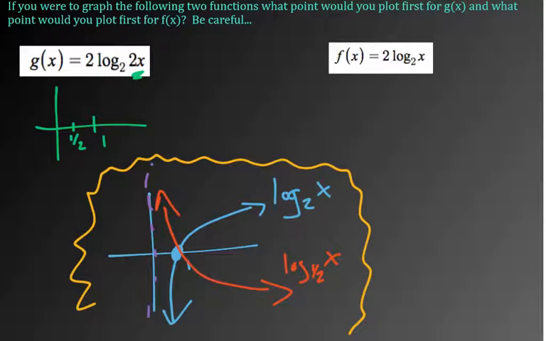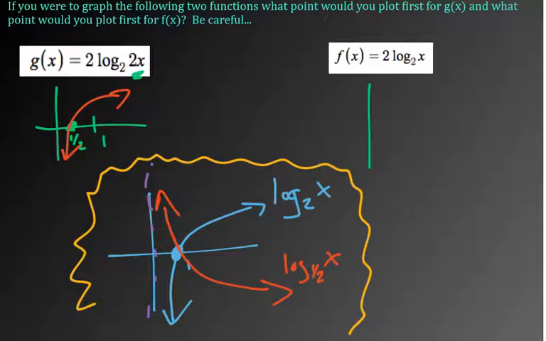And then this 2 in front acts as vertical stretch, but we are currently right there, and all it does is multiply the output by 2, but the output is 0, right? So we're just going to do 2 times 0 right there, and so it'll just literally stay right there. So that graph would literally look something like that one.